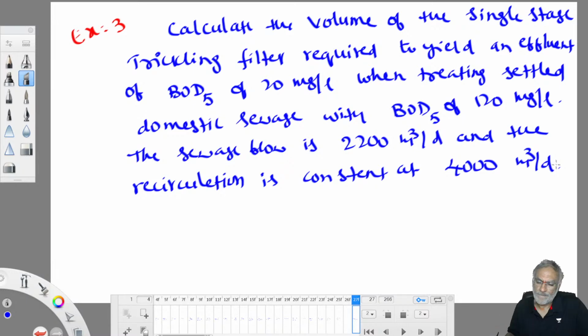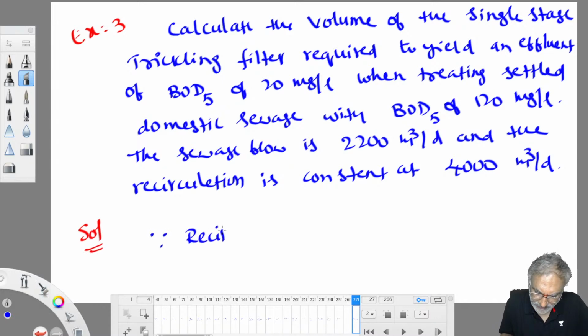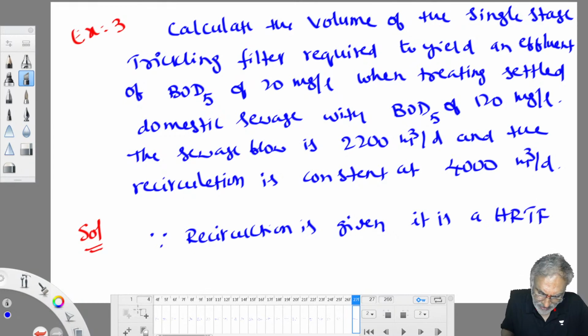Okay, what is given? Since recirculation is given, it is a high rate trickling filter. So what is given to you? BOD of effluent is 20 milligram per liter.